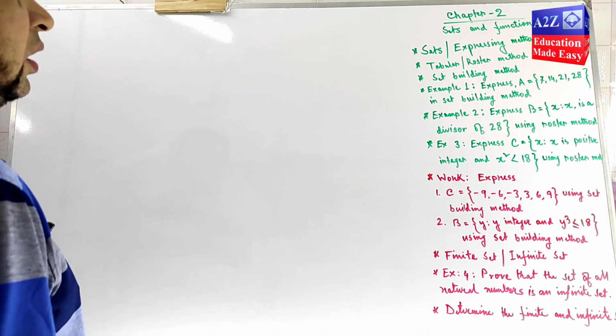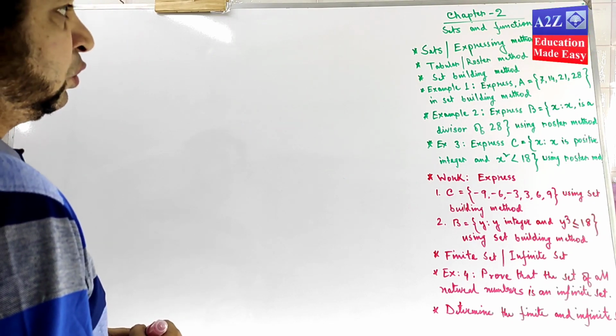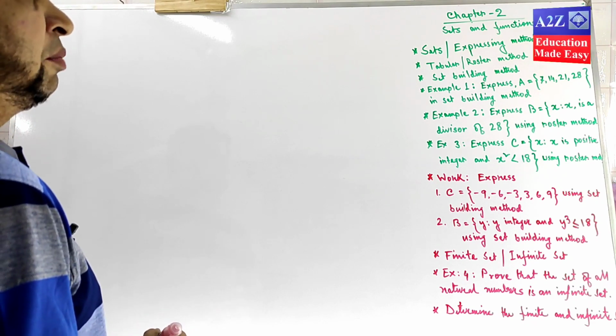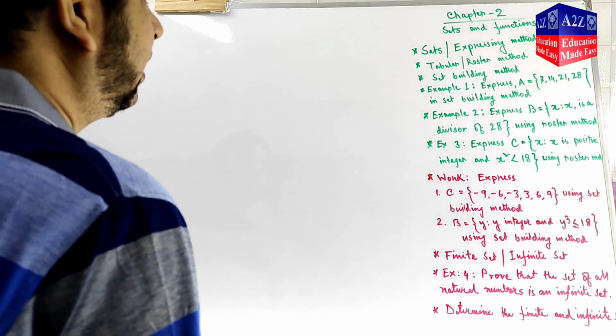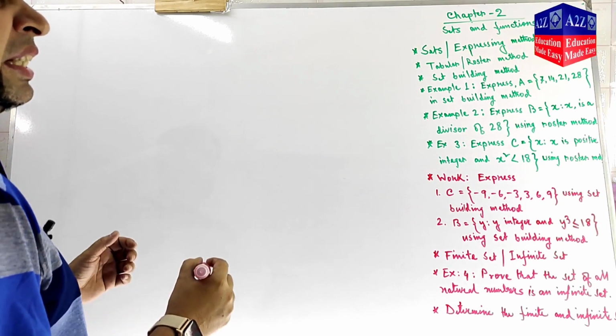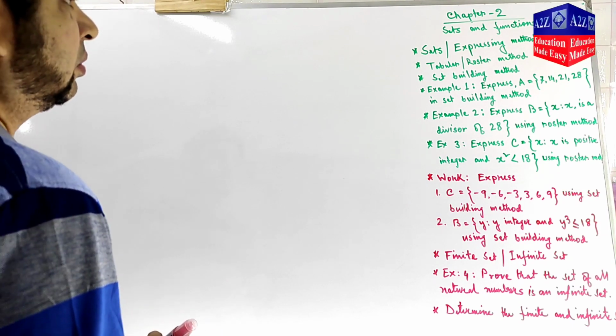Dear students, we are supposed to start with some basic definitions. First of all, since this is the chapter of sets and functions, we have to define what sets are. Sets can be defined as organized objects in our real and imaginary world.